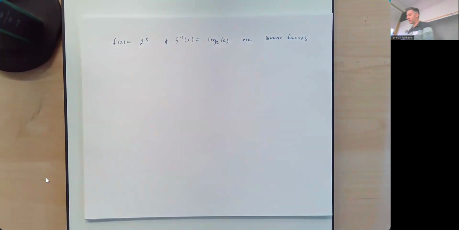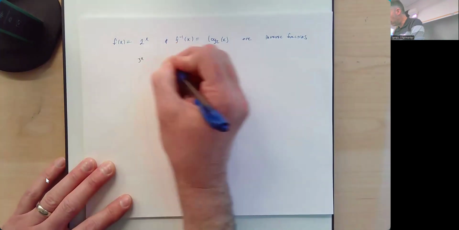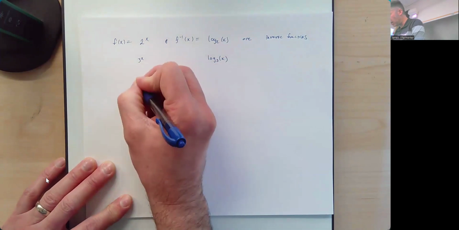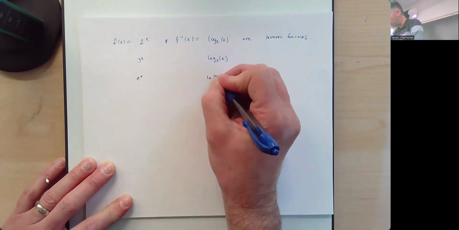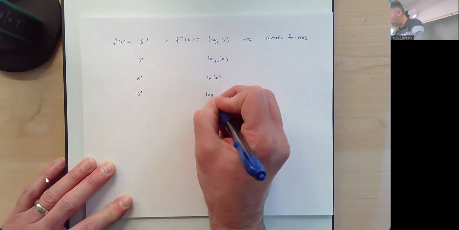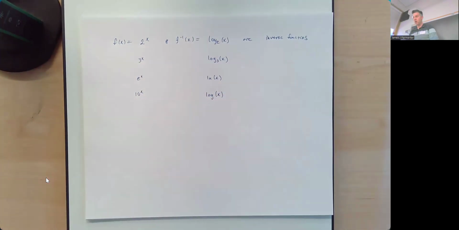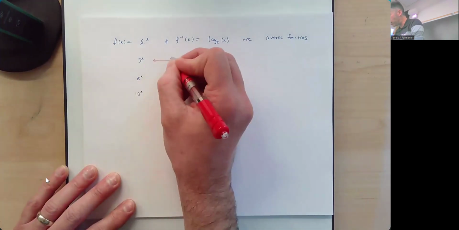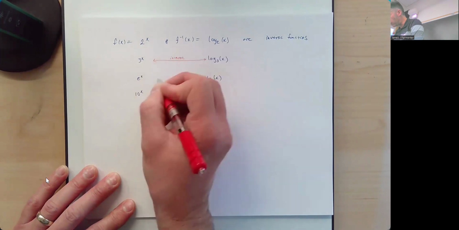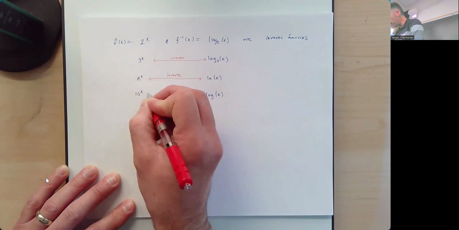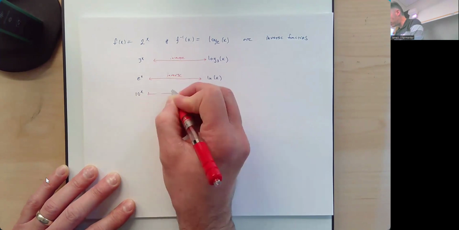It could be 3 to the x and log base 3 of x. It could be e to the x and the natural log of x. It could be 10 to the x and log base 10 of x, which I'm just going to write as log of x. All of these are inverse pairs, inverse functions. What makes an inverse an inverse?